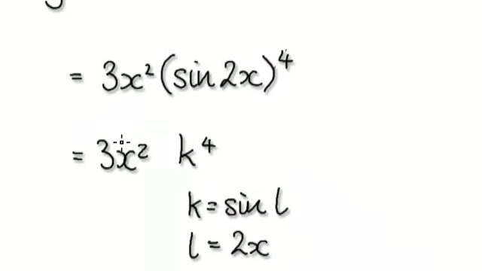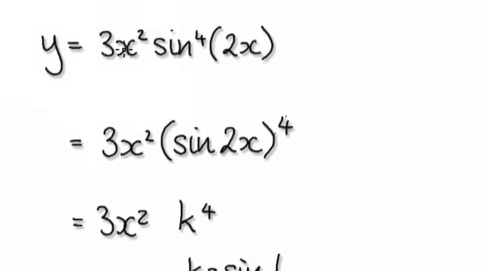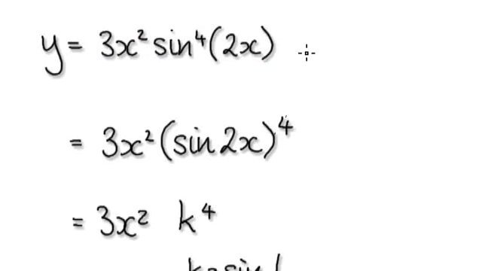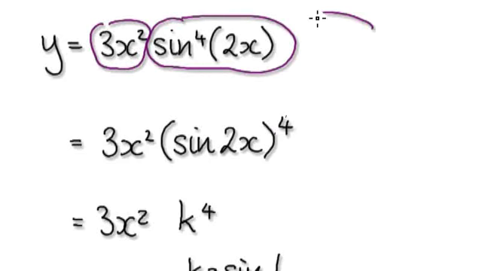So looking at this, you've got to use the product rule. The product rule is: differentiate the first part, leaving the second part intact, and then plus, leave the first the same and differentiate the second. Now the hard part is differentiating this.